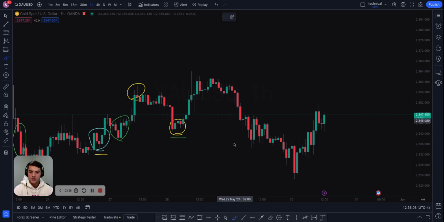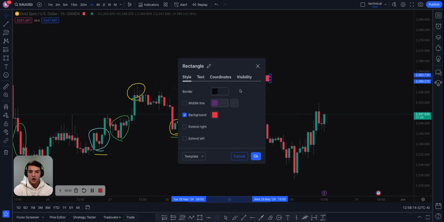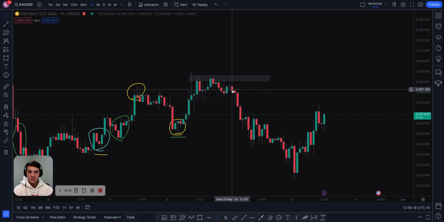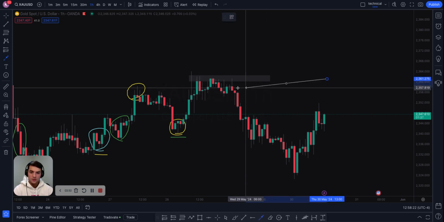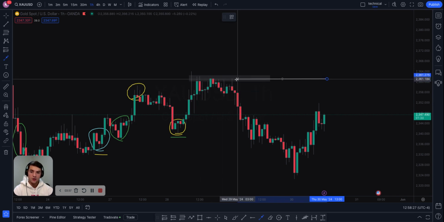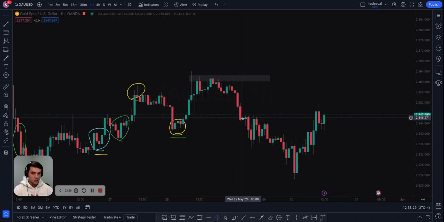I'll say 95% of the time when a candlestick like this happens, price will go down. As you can see, another confirmation that price would go down is this area of resistance here. You have an area of resistance, you see a doji, so you know this candlestick means selling pressure, and price is going to come down.